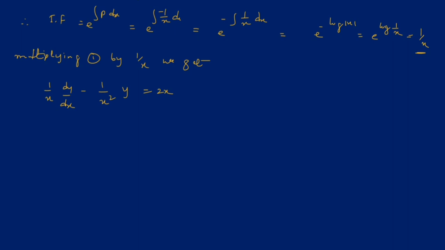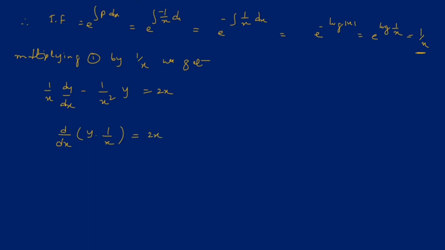Now the LHS is again of the u into v form, it is nothing but d by dx of y into 1 upon x, right? Can we write it like this: first function as it is, differentiation of second, plus second as it is, differentiation of first. Which equals 2x.